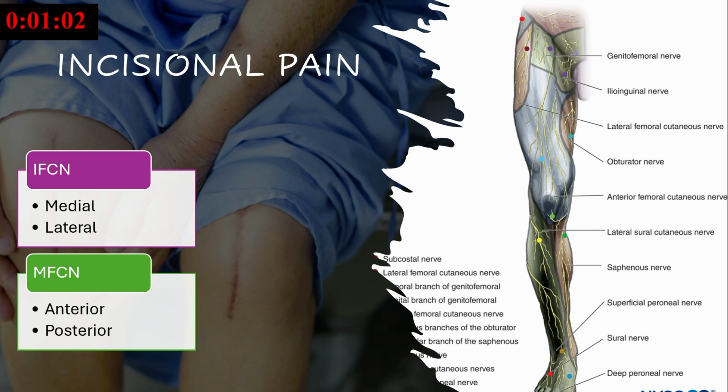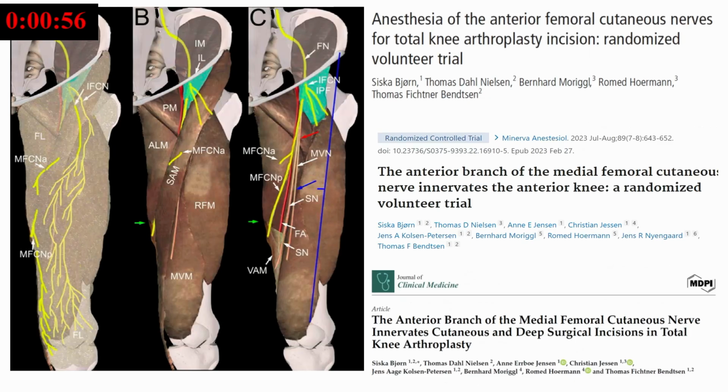If I am giving a femoral nerve block, these are certainly blocked. So what if I am not giving a femoral, I am giving a distal FTB or a proximal adductor canal, which the literature recommends you should be doing. The intermediate femoral cutaneous nerve, as you can see for yourself, leaves the femoral nerve quite early in the iliopectineal fossa.